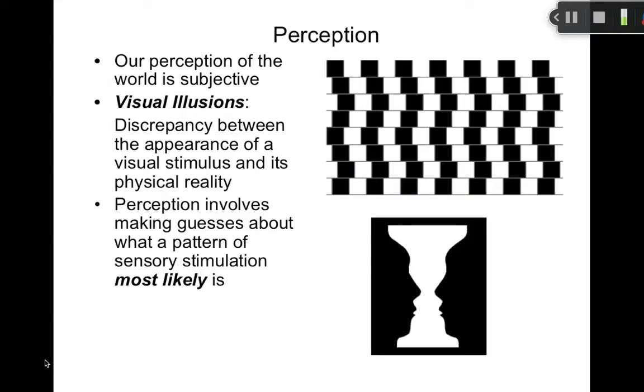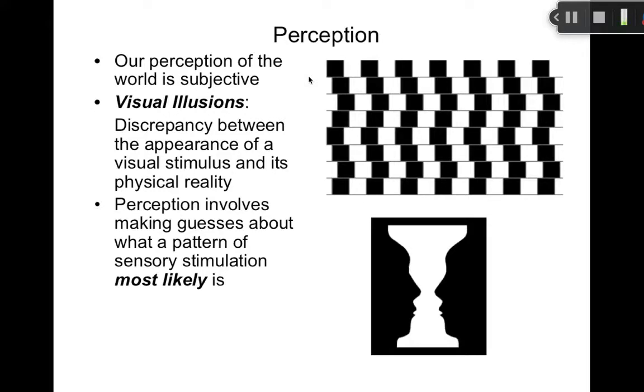All right, so again, we made the point last time that our perception of the world is subjective. Visual illusions are a good way to illustrate that. But there's this disconnect between our perception of the thing out there and the actual physical properties of the thing. So really, perception is a guessing game. And we're pretty good guessers.